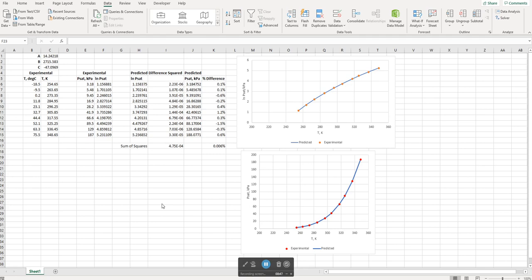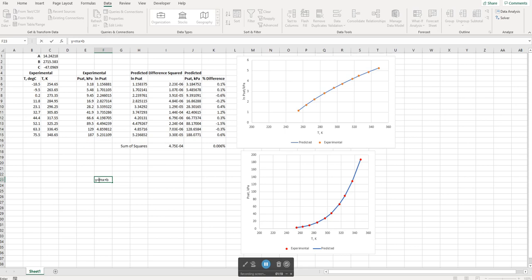I don't know if you have dealt with linear regression in the past. Linear regression is, as the name implies, where you're dealing with straight lines. So if you've got linear regression, you've got y equals mx plus b, right?